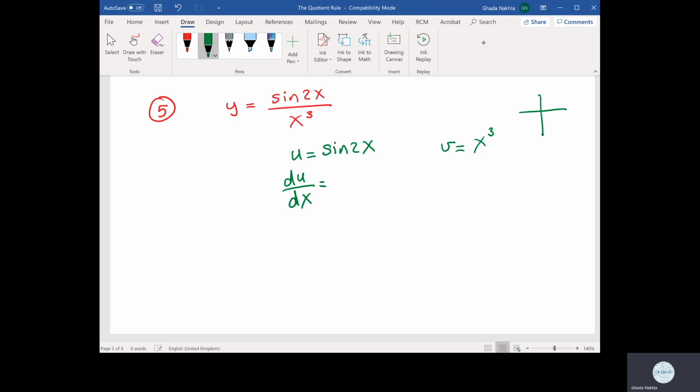Okay, let's remind ourselves: sine, cos, minus sine, minus cos. You differentiate this way, so sine differentiates into cos, right? Now sine kx differentiates into k cos kx. In this case, k is 2, so it's going to be 2 cos 2x.